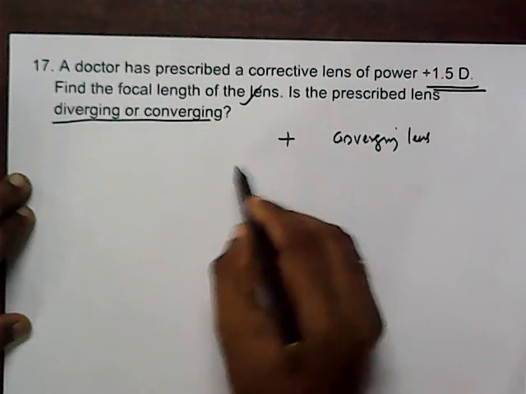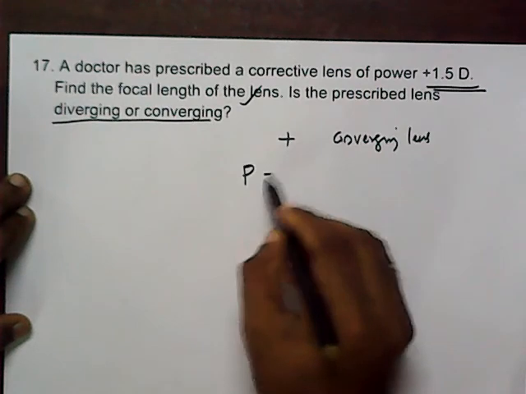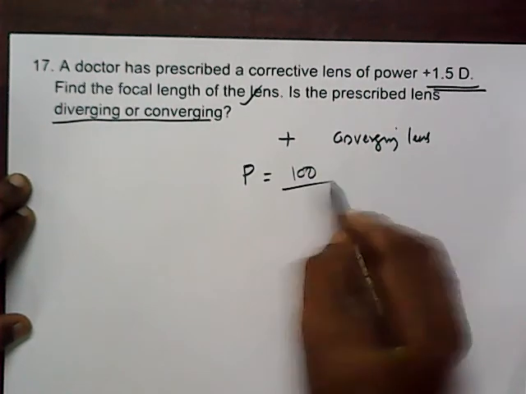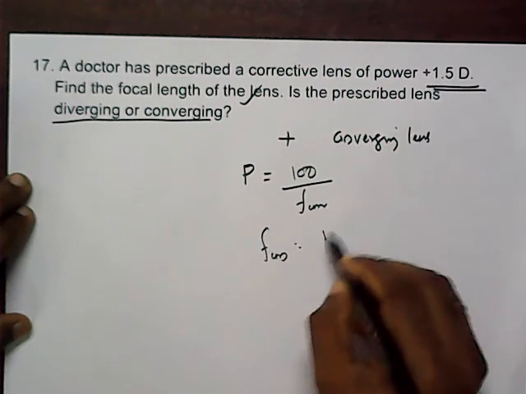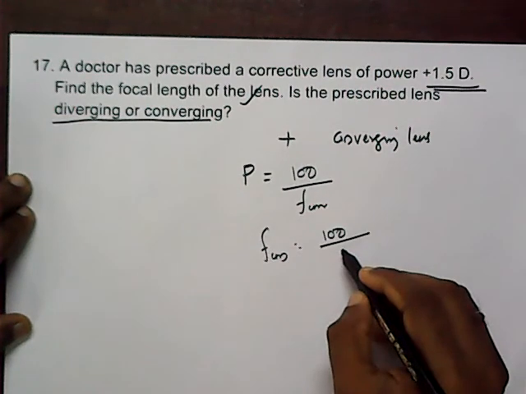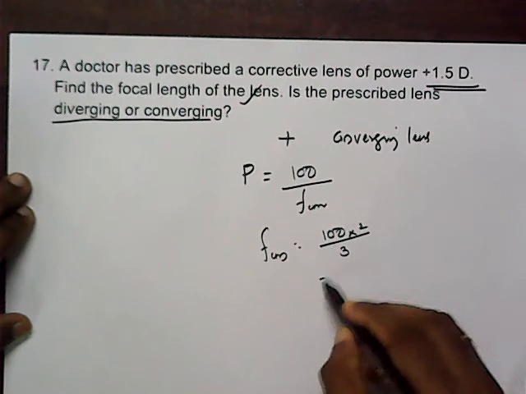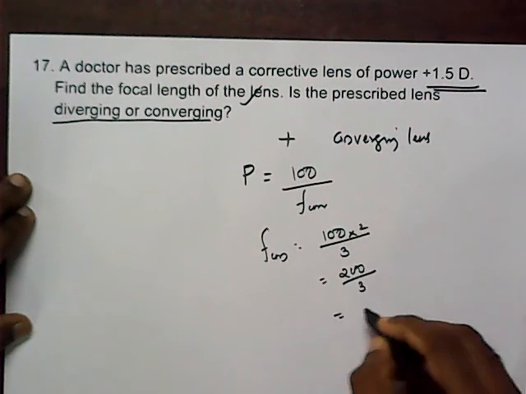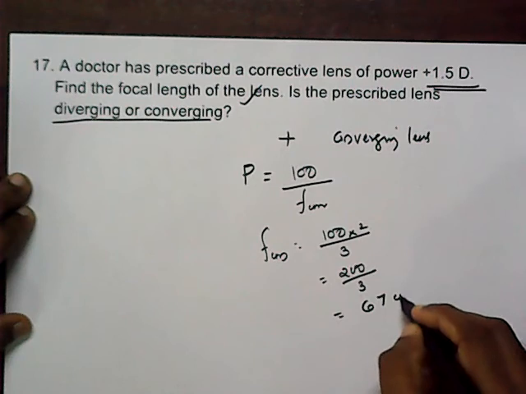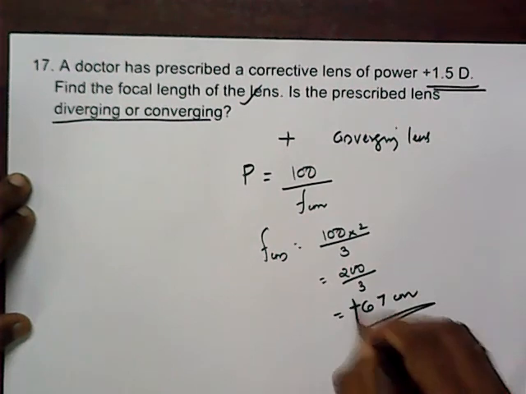The focal length can be found by the relation 100 by f in centimeter. So f in centimeter is equal to 100 by 1.5, that is 200 by 3, which is around 67 centimeter with a plus sign.